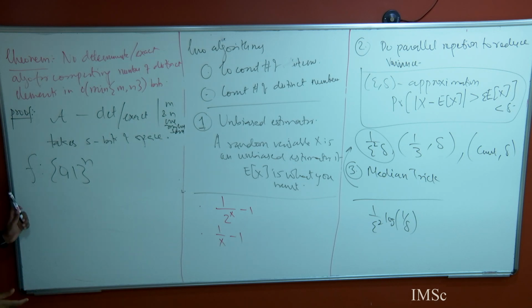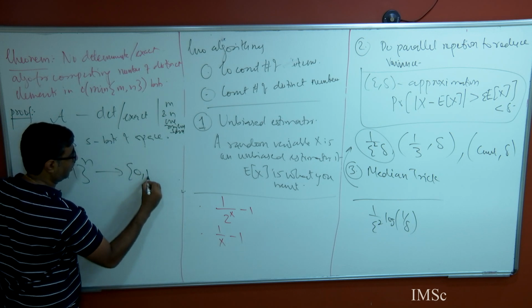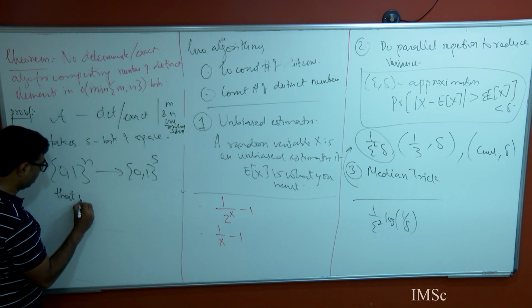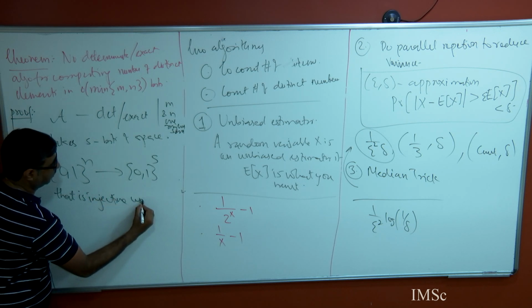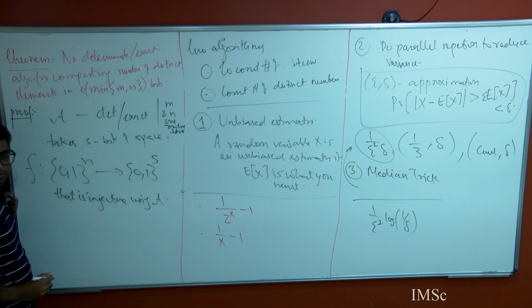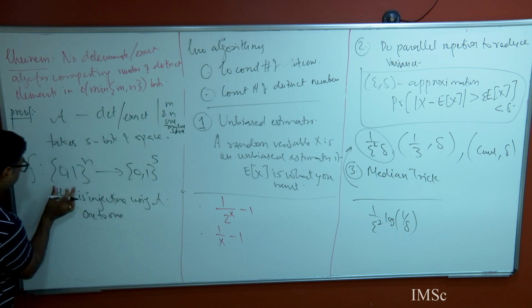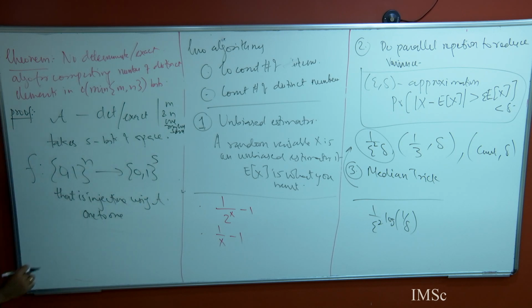I'm going to give you a function from 0, 1 to the n to 0, 1 to the s that is injective, using A. If I can give such a function, what does it imply? Injective from 0, 1 to the n to 0, 1 to the power s, where s is the bits of space.